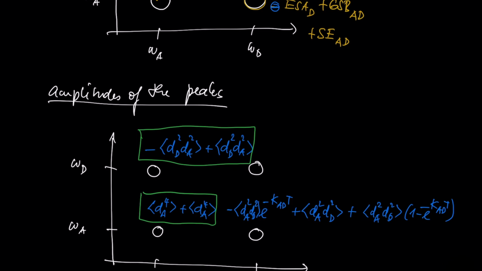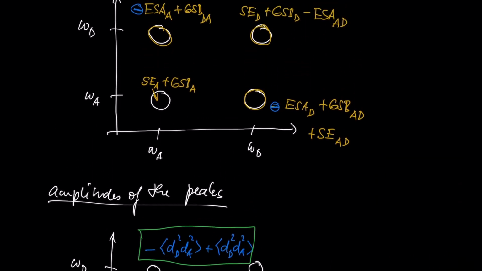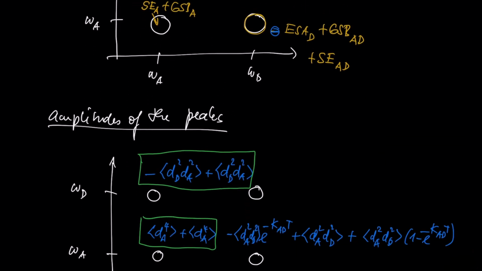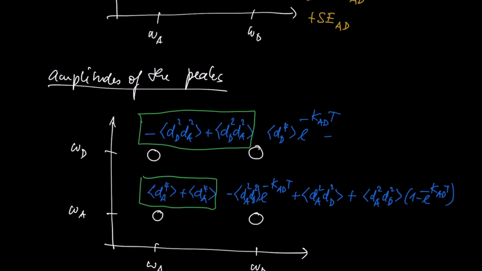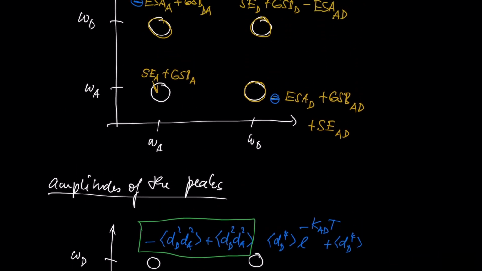This diagonal peak has a contribution from the stimulated emission of D. Stimulated emission of D must have all interactions on D, so it's this, but it's weighted with the population of the state D, which is decaying. Then there's ground state bleach from D. That's a very simple signal, just D to the fourth power and no time evolution. And then there is a part with minus where we start with D and go to A and have an excited state absorption.